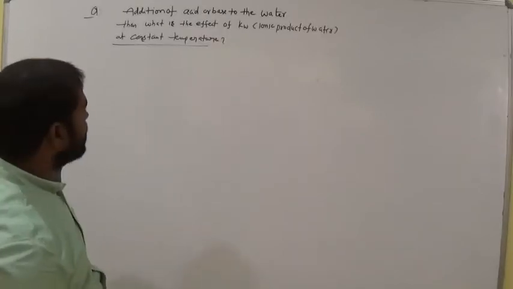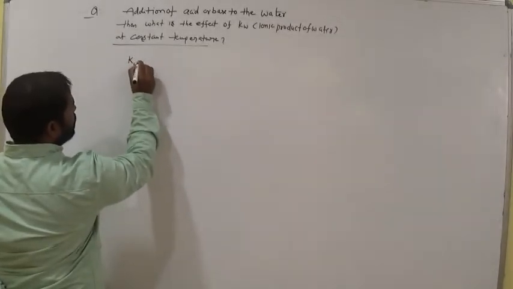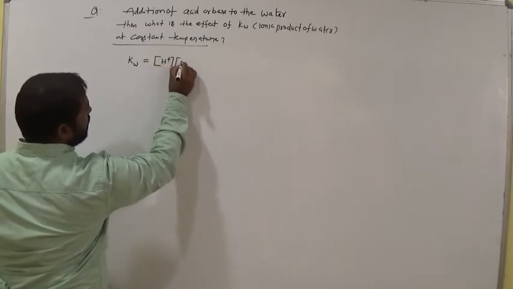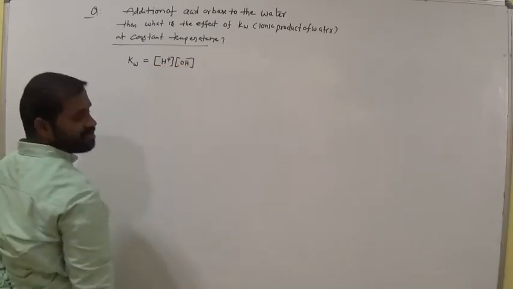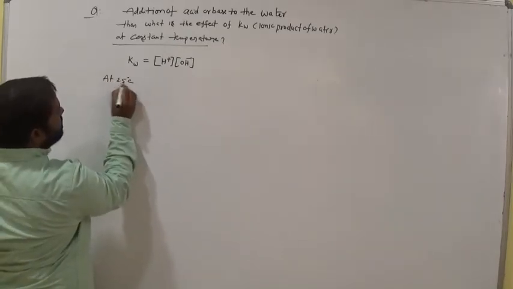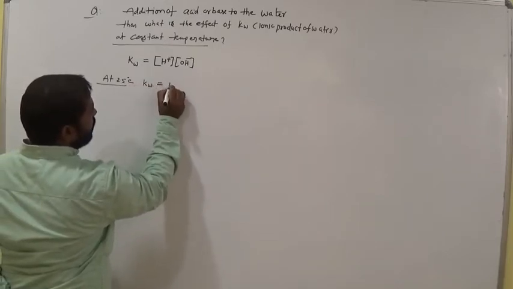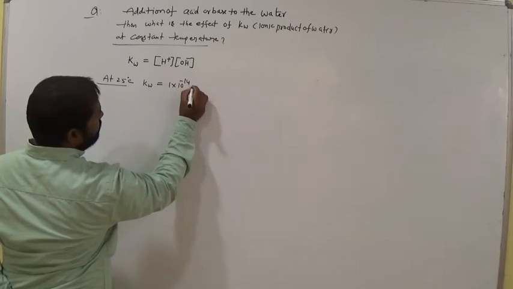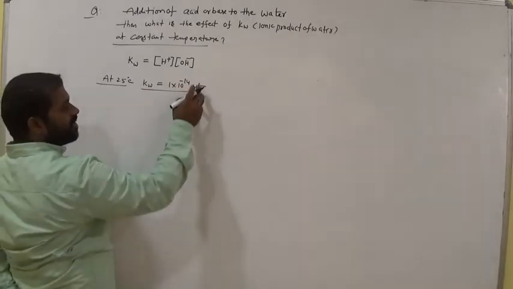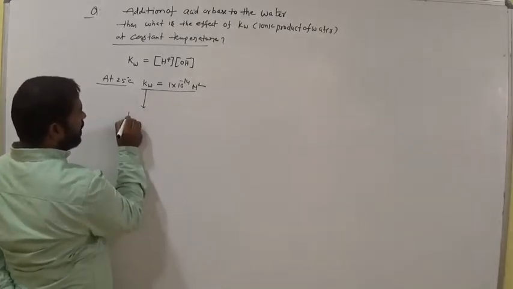Kw means ionic product of water. So you know very well what the relation is. Kw is equal to the molar concentration of H plus times the molar concentration of OH minus, am I right? At 25 degrees Celsius, what is the value of Kw? Clearly 1 into 10 power minus 14 mole square per liter square, where Kw is the ionic product of water.